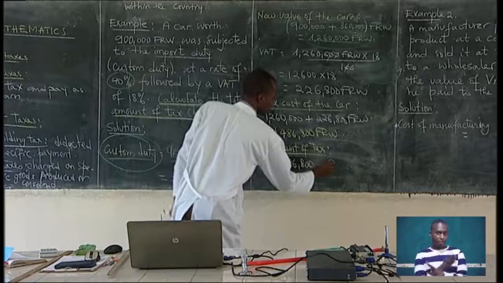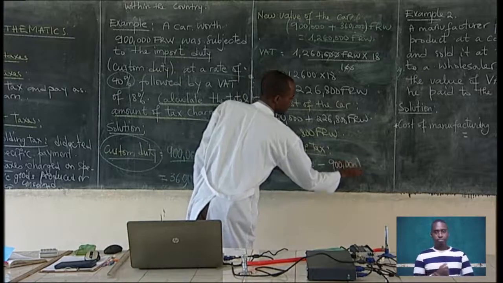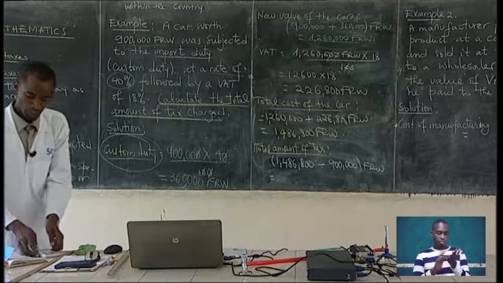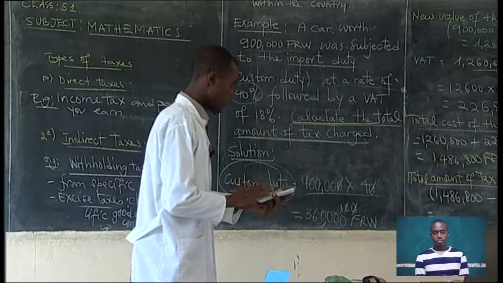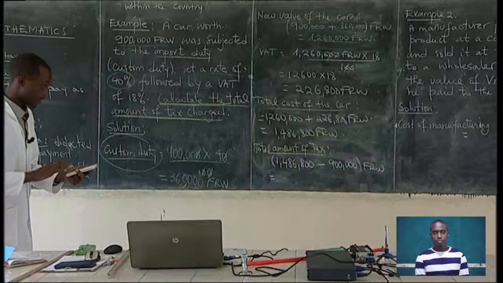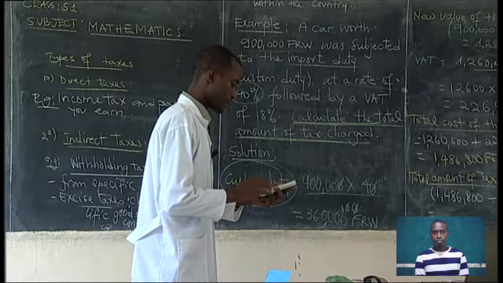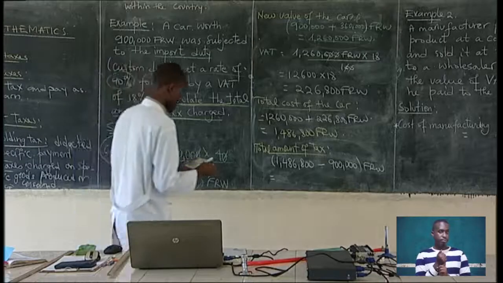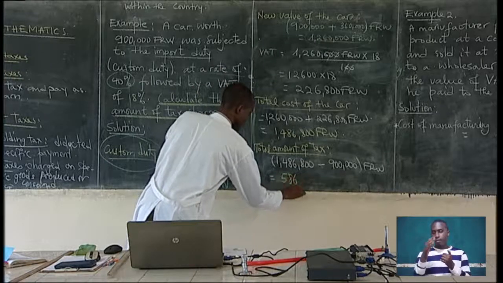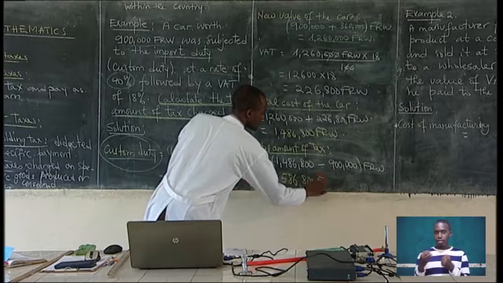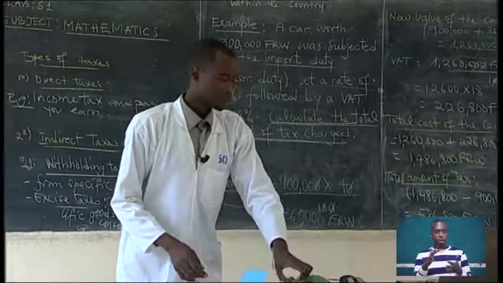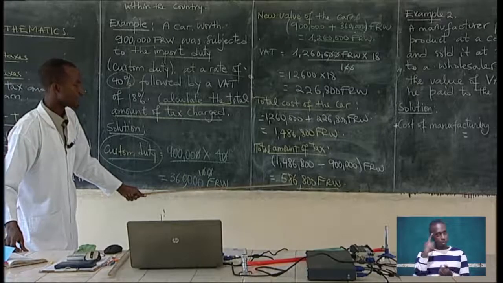That is 900,000 Rwanda francs. If you work on that, what do you get? 1,486,800 take away 900,000, you get the total amount of tax, 586,800 Rwanda francs. So this is the total amount of tax that you have to pay.